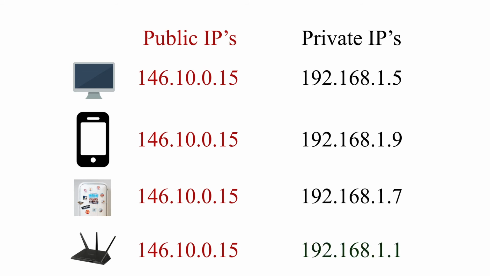Also note that the router has a private IP as well, so it has 2 IP addresses and it needs to have a private IP address so that your devices know where to send data when they want to connect to the internet. Also, private IP addresses are probably reused millions and millions of times. They are not unique worldwide.